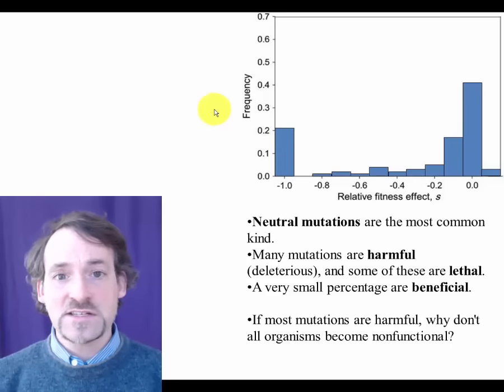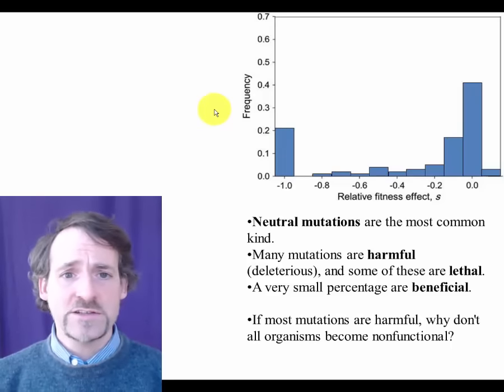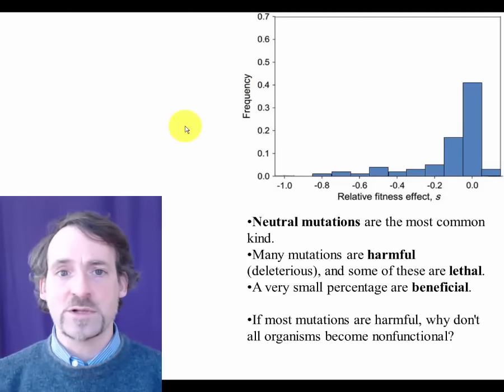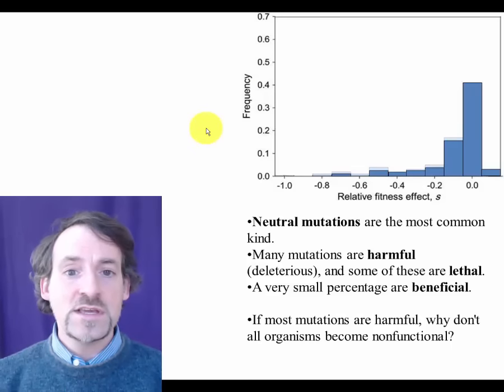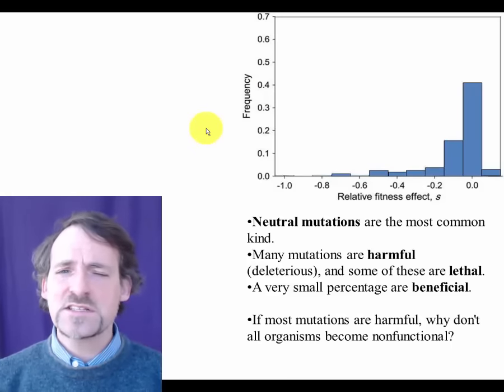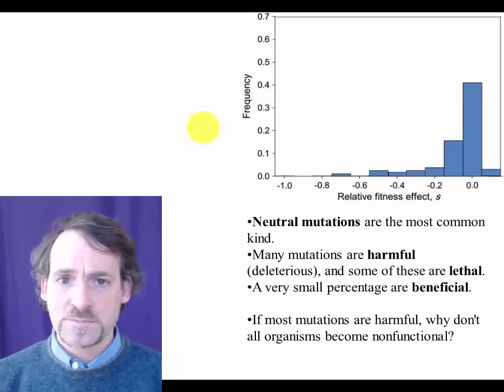The reason it doesn't is that kind of by definition, alleles that are harmful don't get passed on to the next generation. So after one generation, all of the lethal alleles, for example, are going to disappear as though they had never existed. The harmful alleles might not disappear completely, but they're certainly going to be reduced in frequency.